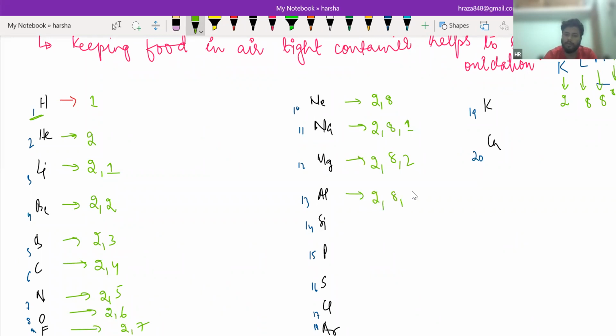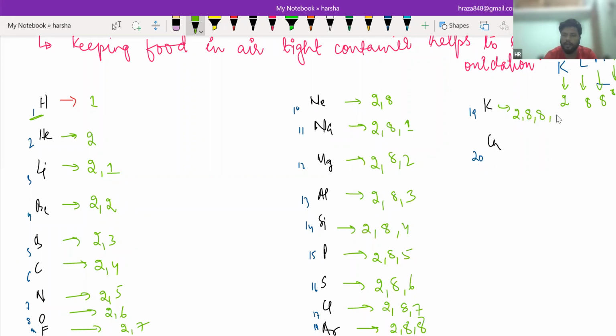It will go up to 2,8,4, 2,8,5, 2,8,6, 2,8,7, and 2,8,8. Again, if we are going for potassium, 2,8,8 and then 1. Again, for this it is 2,8,8 and then 2.